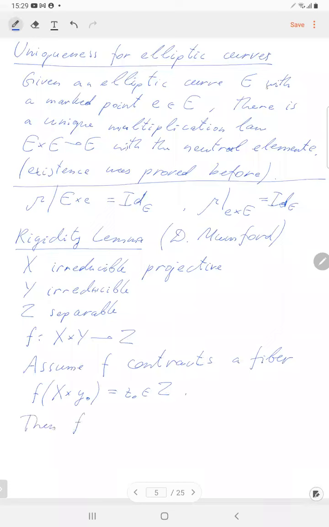Then this morphism just factors through the projection to Y. We have X times Y, then there is projection to Y, and then there is some morphism, say G, to Z. So in other words, if it contracts one fiber, then it contracts all the fibers.